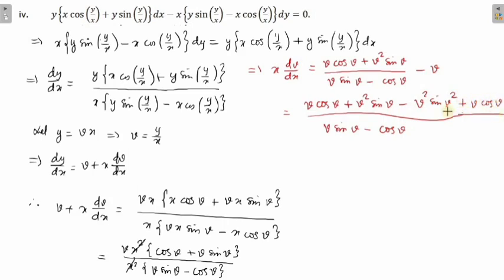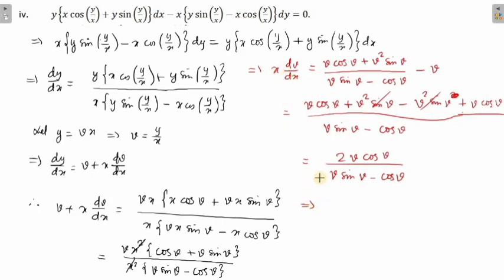Right? Now some things are getting cancelled. For example, this is just sin v, so this and this get cancelled. v cos v plus v cos v is 2 v cos v divided by, in the denominator, v sin v minus cos v. So this is the value of x dv by dx.